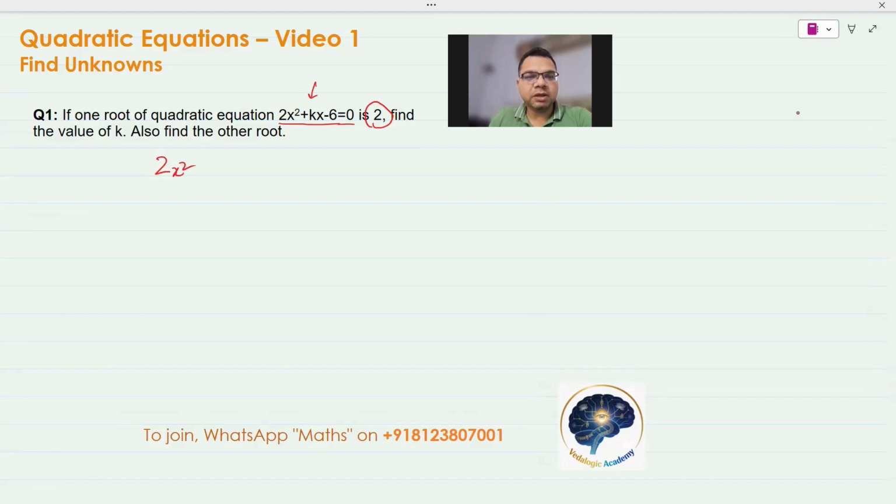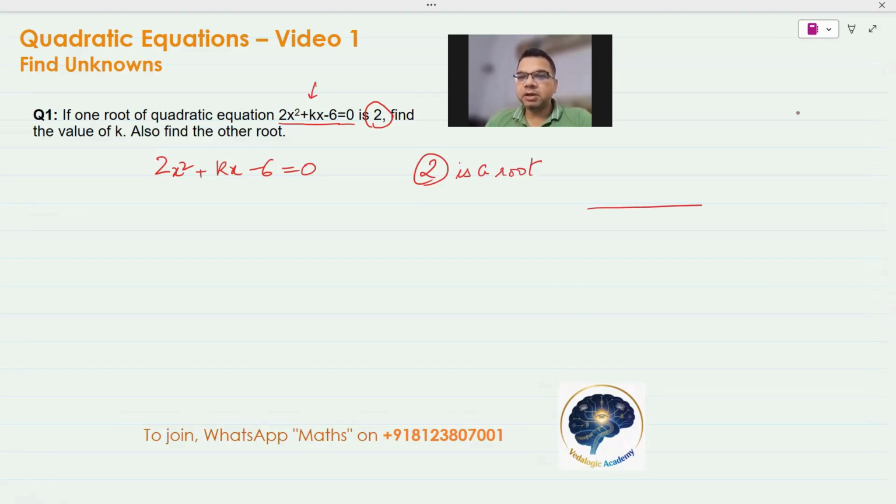2x square plus kx minus 6 equals to 0, and 2 is a root. Now, if you remember, what is the meaning of a root? In quadratic equations, if I draw the graph, the coefficient of x square here is 2, which is positive, right?